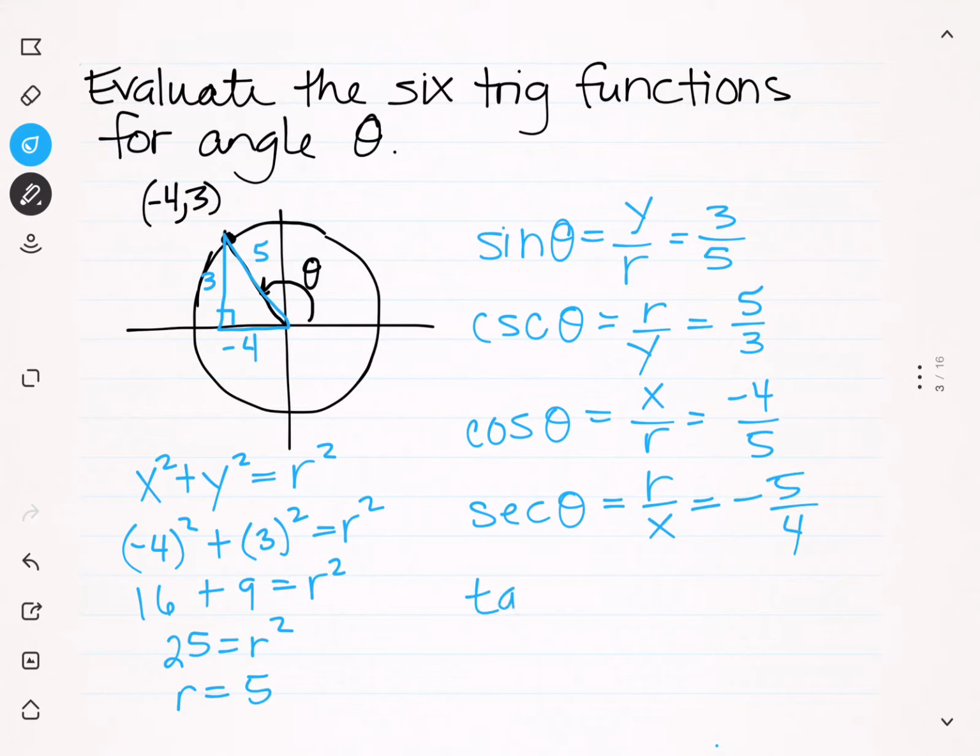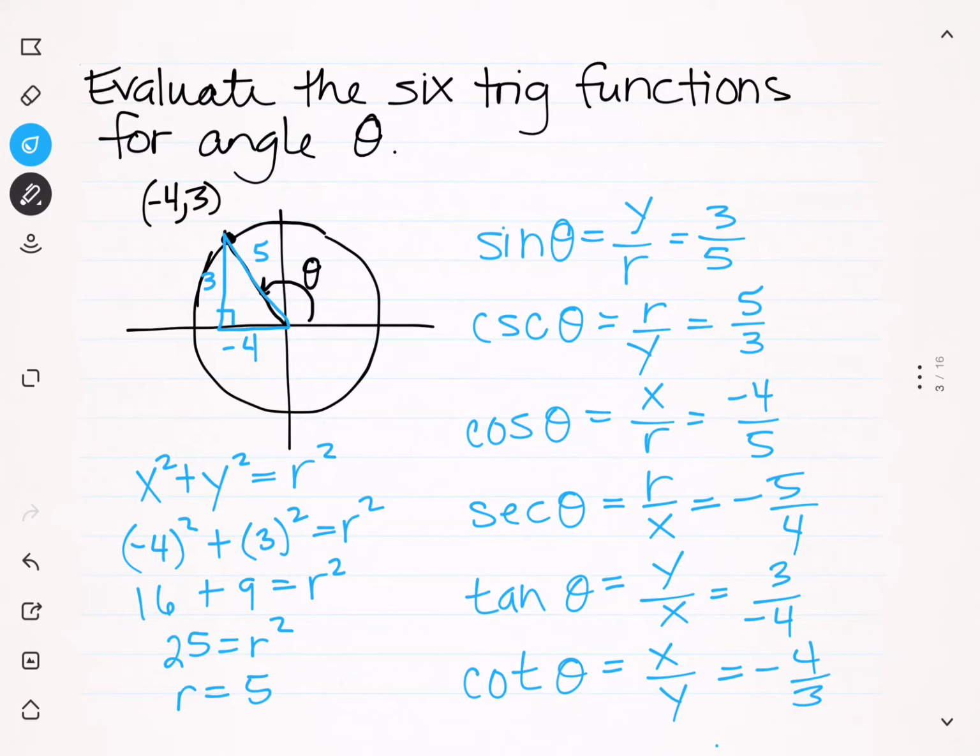And then tangent is going to be y over x, which is going to be 3 over negative 4, or negative 3/4. And then last, cotangent of theta is going to be the reciprocal, so x over y, we would have a negative 4/3. Okay? Let's try another one here.